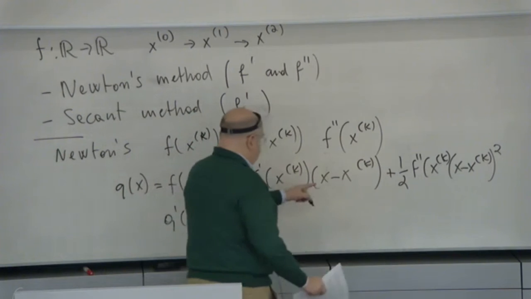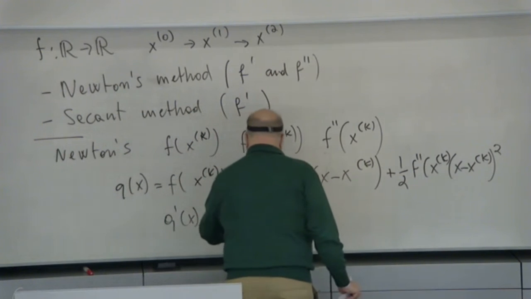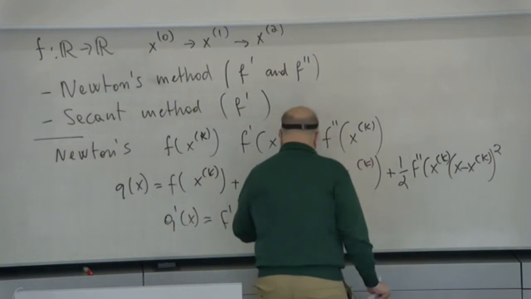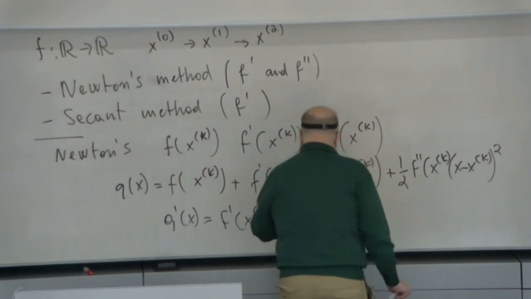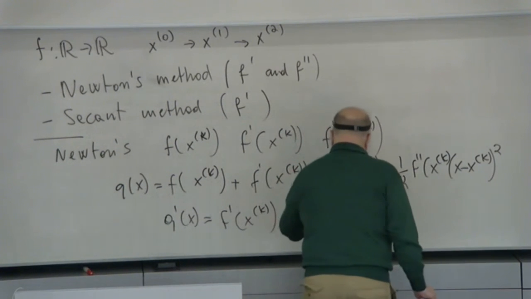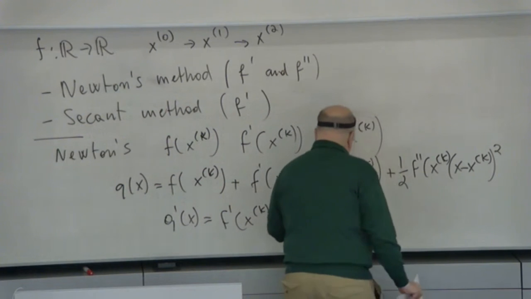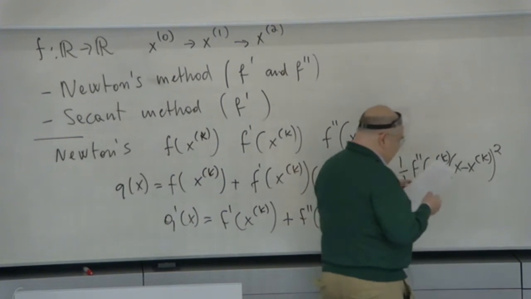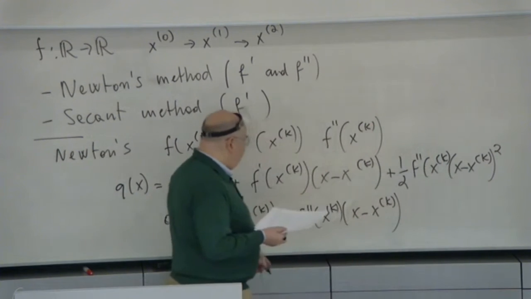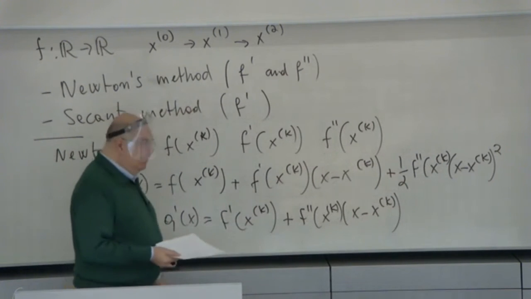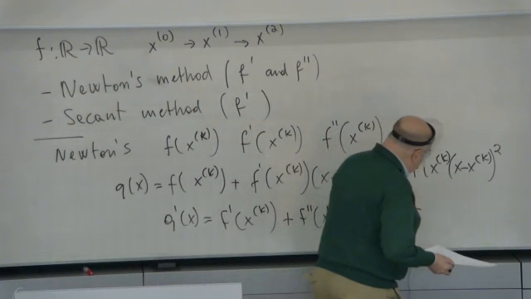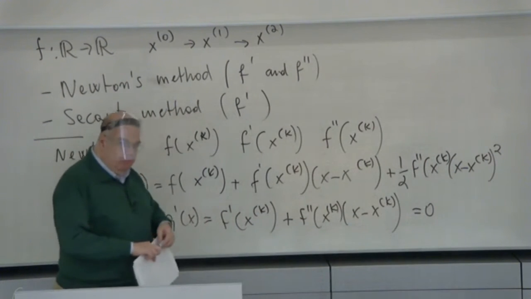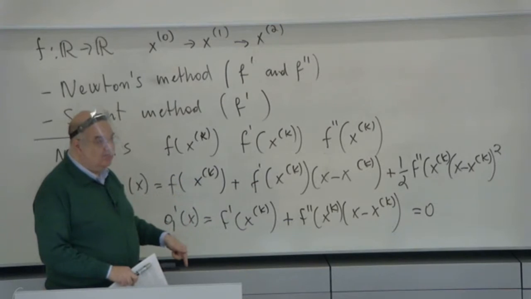Just take the derivative: it is f prime at xk plus f second at xk times x minus xk. And since we want to find the minimizer, we make this equal to 0, because this is a necessary condition.